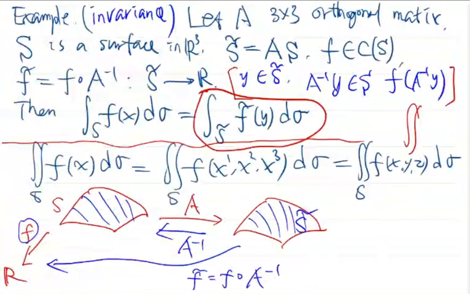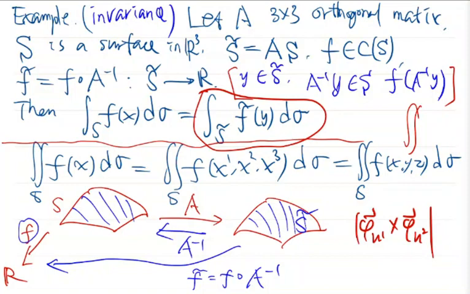You need to compute this quantity phi_U1 cross phi_U2. Unlike the previous argument, we use U1 and U2 instead of U and V to denote the parameters of the surface. This is not essential.